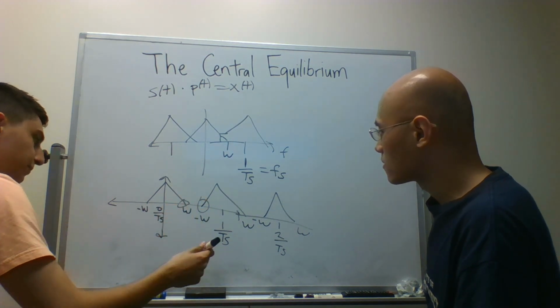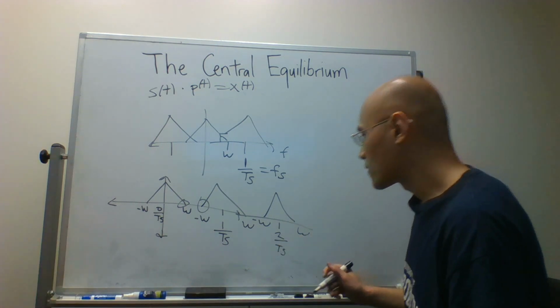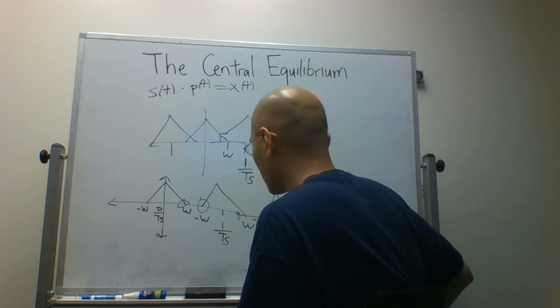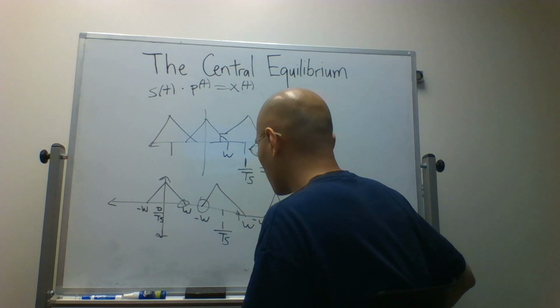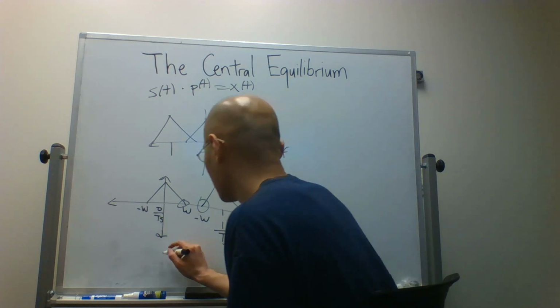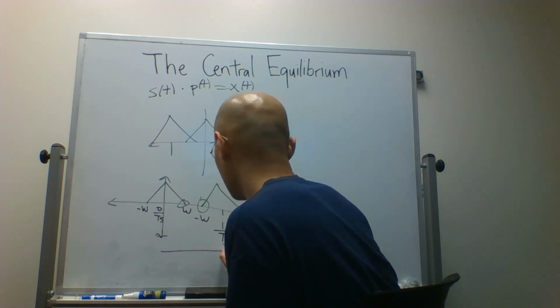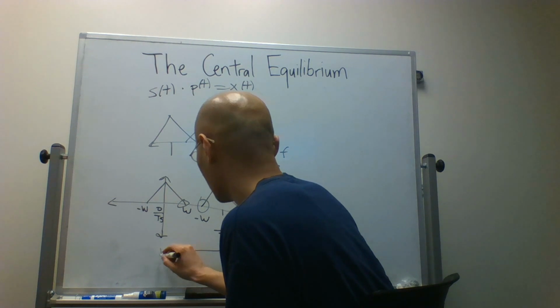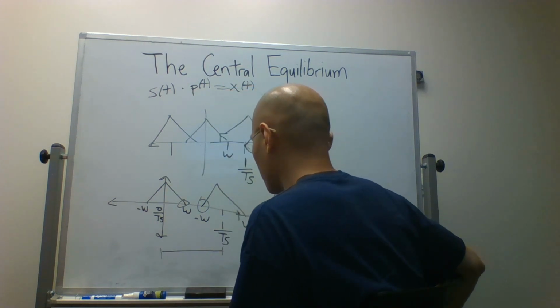So how can we write that constraint? This distance right here is 1 over t sub s.